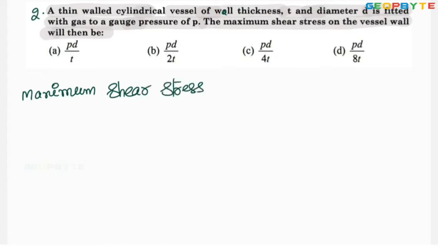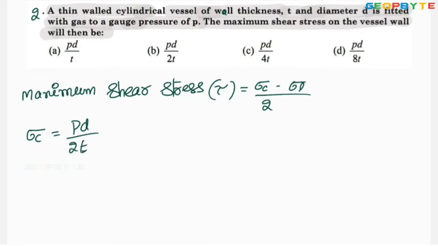The maximum shear stress tau equal to sigma C minus sigma L by 2, whereas sigma C is the circumferential stress equal to PD by 2T and sigma L equal to longitudinal stress equal to PD by 4T.